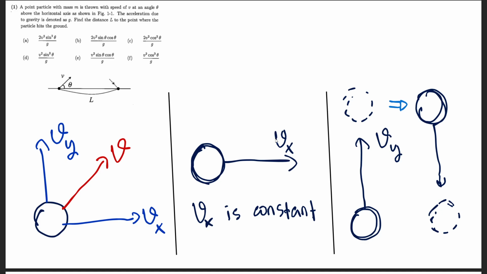You should know that the horizontal component of v is always constant, or you can think that there is nothing else affecting the horizontal component Vx. There is no hindrance for Vx to be stopped, so Vx is always constant, so there is no acceleration for Vx.